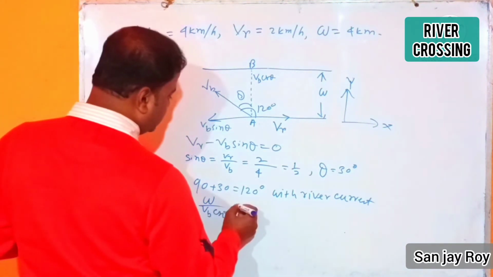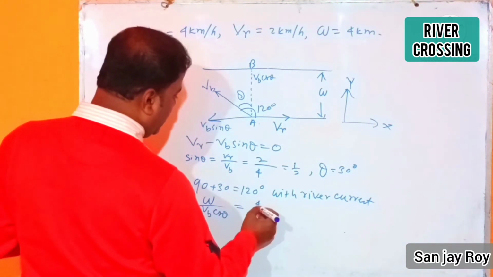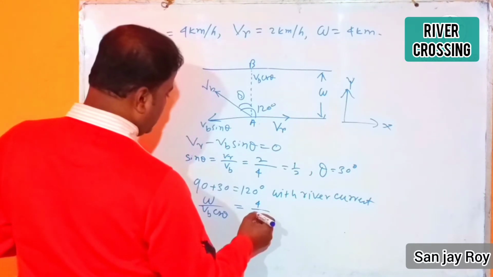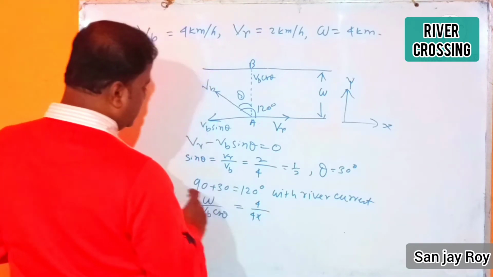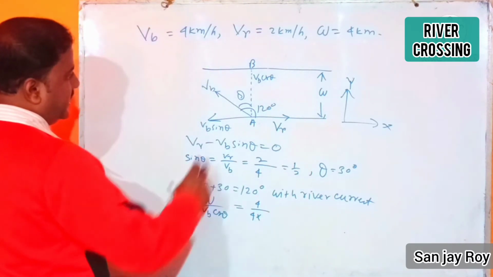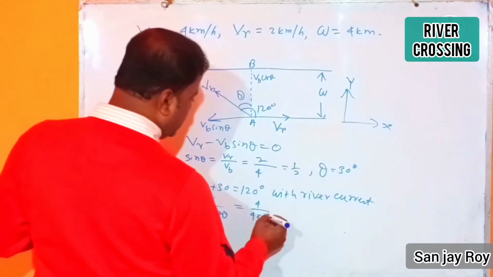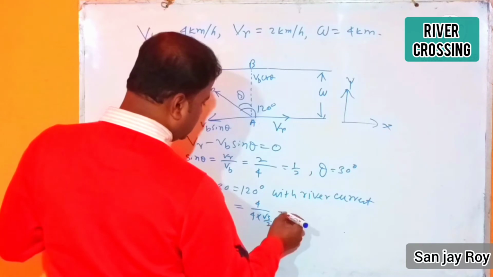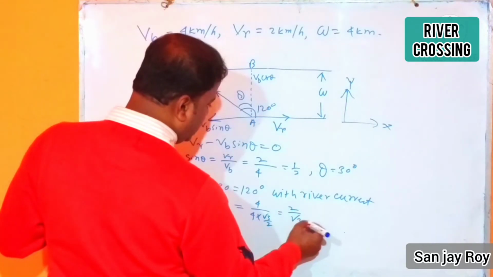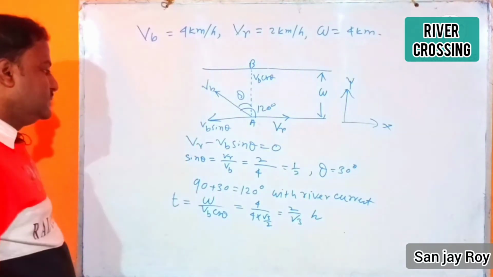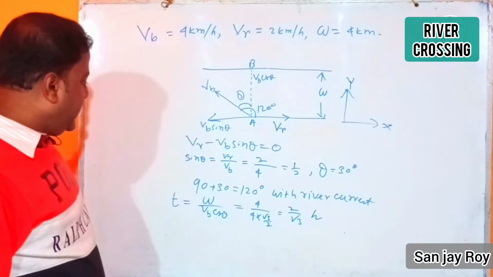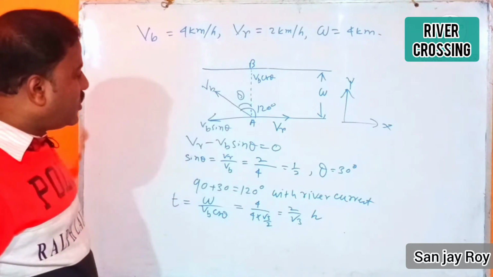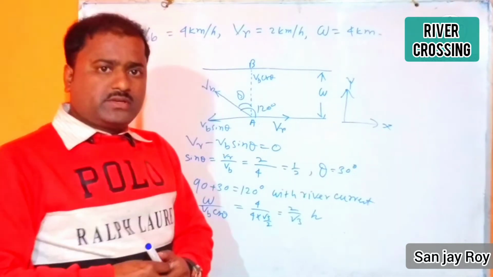Here W is 4 and VB, that is velocity of boat, 4, and theta, the angle theta here 30 degrees, cos 30 is root 3 by 2, then we get 2 by root 3 hour. Then the boatman takes time 2 by root 3 hour to cross the river in the shortest path.